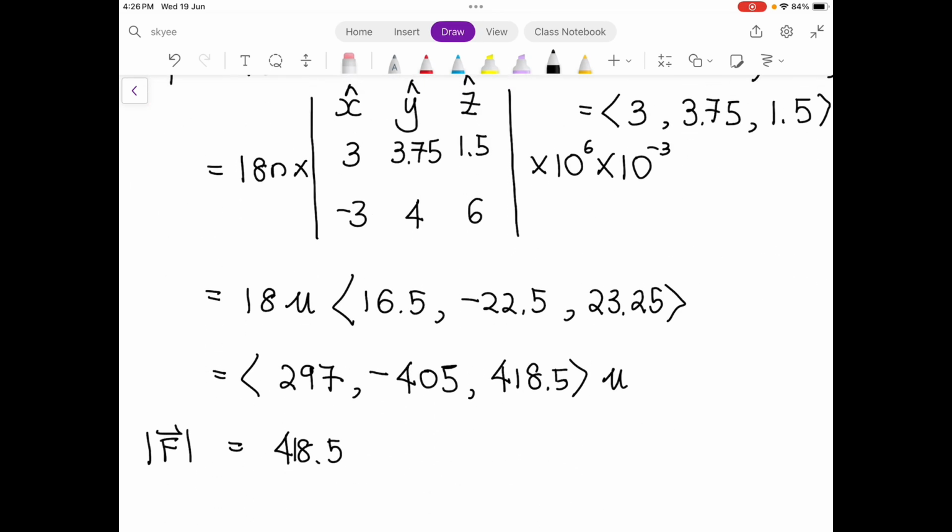Do we have this answer here? We don't have this answer.